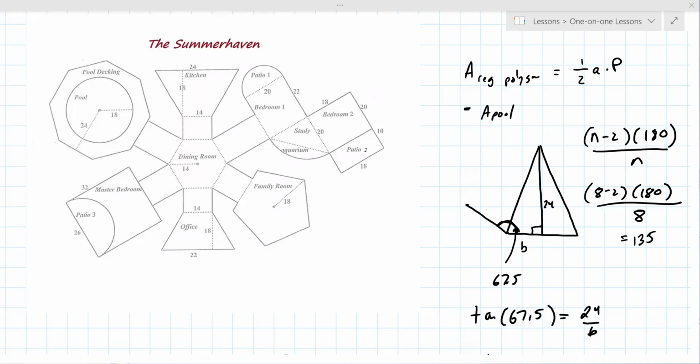I mean, I don't know how to say it. That's your work, pi r squared. It's a pool. For patio number 3, it's 1/2 pi r squared. Or maybe you have to say that the radius is 1/2 the diameter.